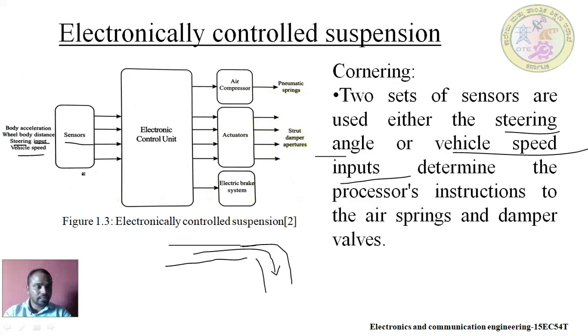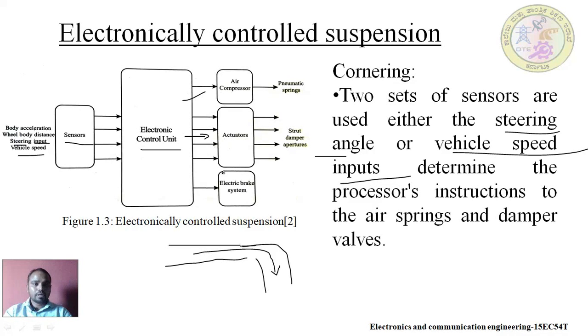As I said earlier, sensors are devices which convert one form of energy to another form of energy. It captures the angle from the steering input as well as the vehicle speed from the acceleration pedal. Both pieces of information are sent to the processor, that is called the electronic control unit, which processes that information and sends the appropriate signal to the air compressor and the actuator.